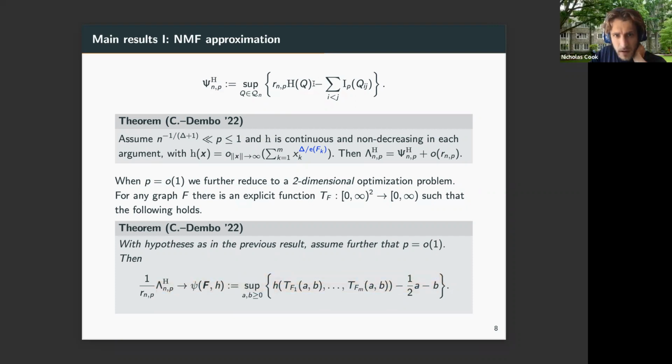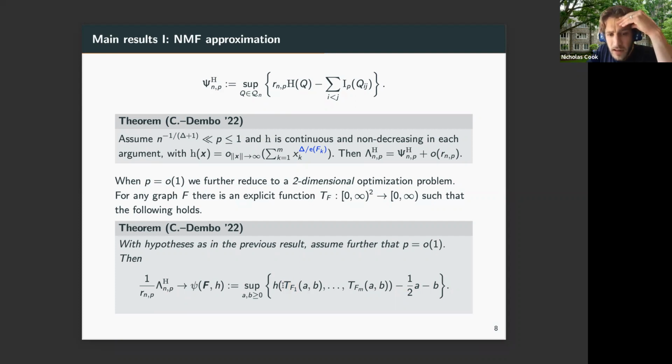Up here, it's the rate times the Hamiltonian minus a relative entropy, and here we get this reduction to a fixed function for the Hamiltonian, and then this is what the relative entropy scales like asymptotically. For each function f, there's an explicit function tf so that this result holds. It's a formula, but it would take half a slide, and it's not worth showing you what it is.